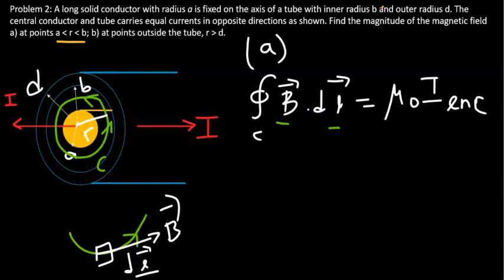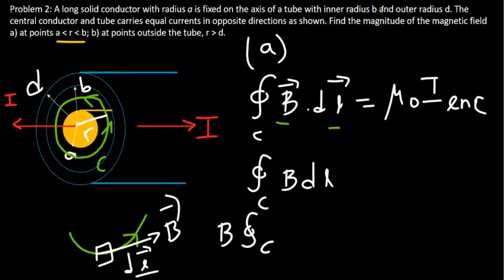It is an element vector. So this integral will simply become that. And you can take the B outside because it is a constant. And the integral becomes that. Now, since B is a constant and this integral is none other than the circumference of this green contour, it is quite simply 2 pi r.